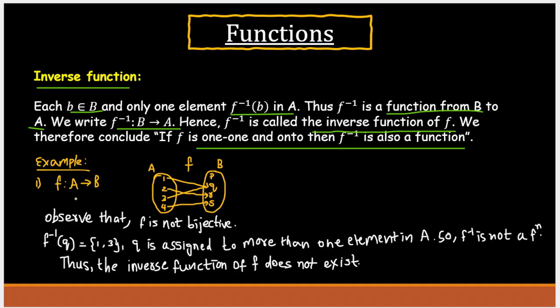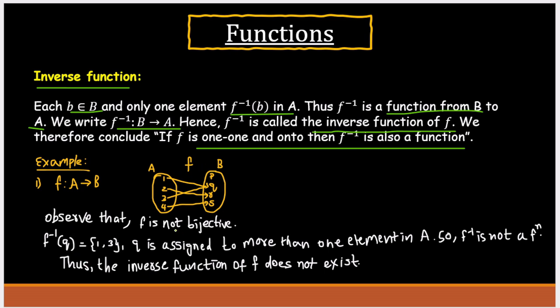Let's see an example. Here f: A to B. Here the set A has 1, 2, 3, 4 and the set B has P, Q, R, S. So let's observe that here 1 is mapped to Q, 3 is mapped to Q, 2 is mapped to R and 4 is mapped to S, and P is left alone.